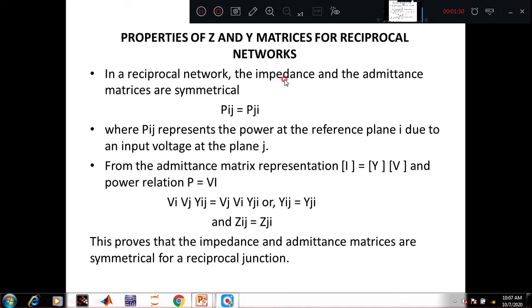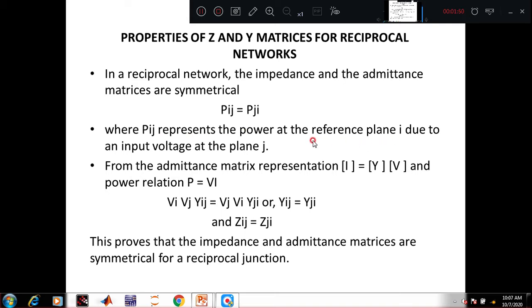So for a reciprocal network, with respect to Z and Y matrices, Pij is equal to Pji. They are nothing but port i and port j, where Pij refers to the power at the reference plane i.